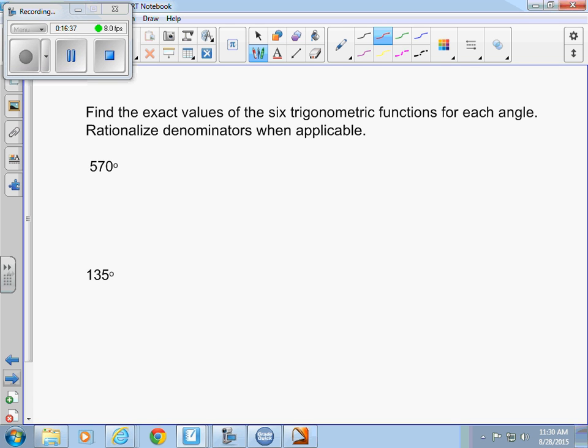Okay, so 570 was the first thing I need to find out. First find out where it is. If I subtract 360, what do I get? 210.